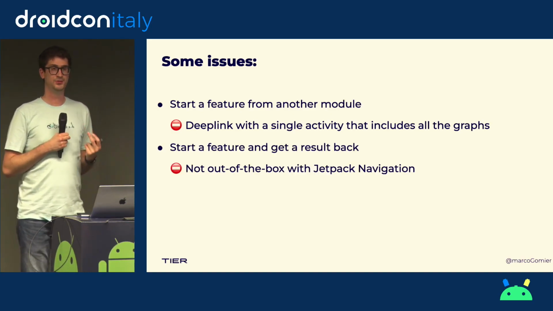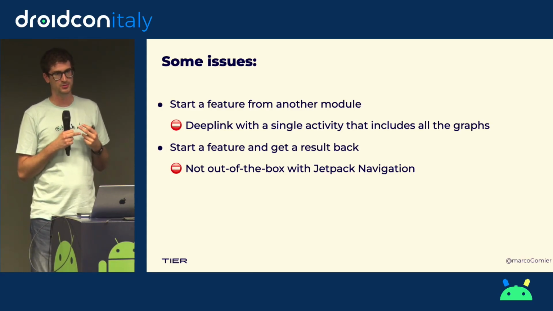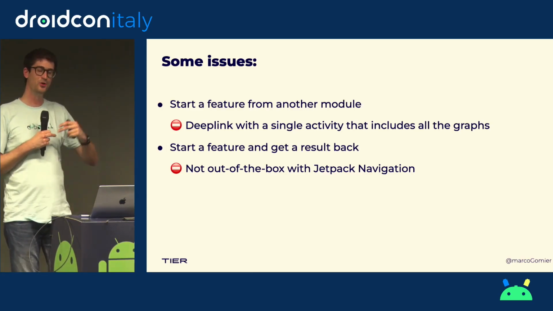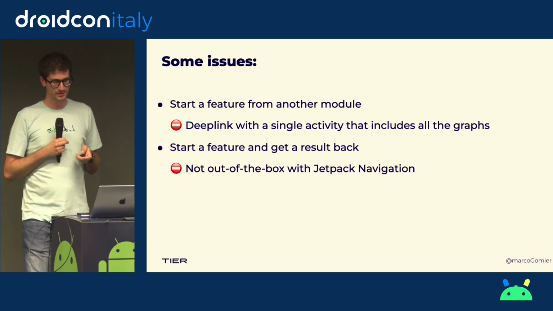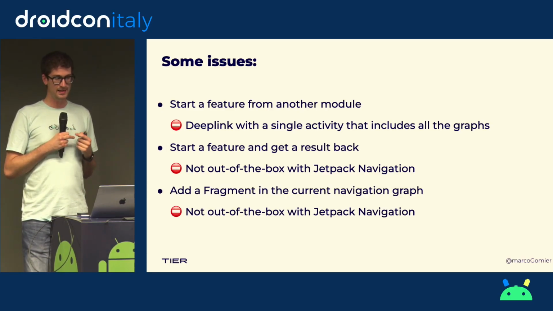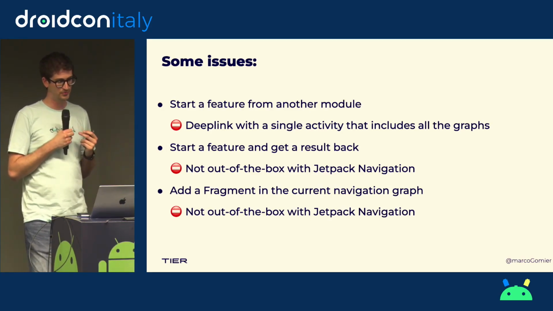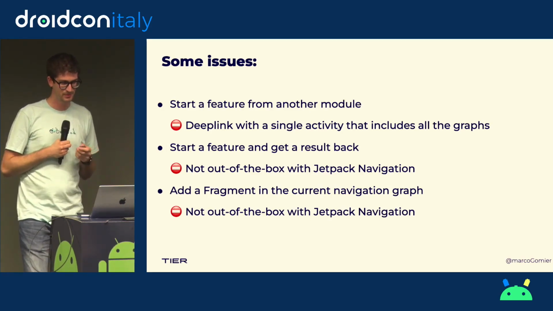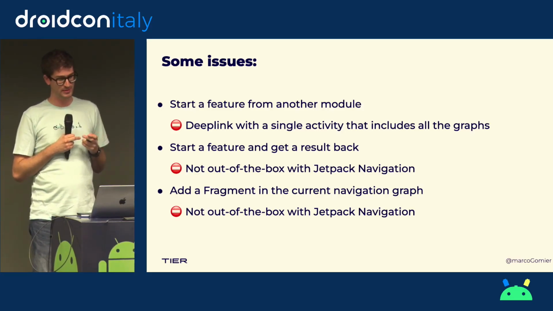Then for starting a feature and getting a result back, it's not really possible on Jetpack navigation, so you have to do it the old but gold way. And then adding a fragment in the current navigation graph, good luck doing that with Jetpack navigation. So we had to fix those kinds of things.